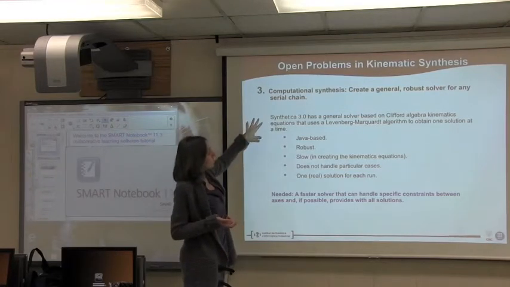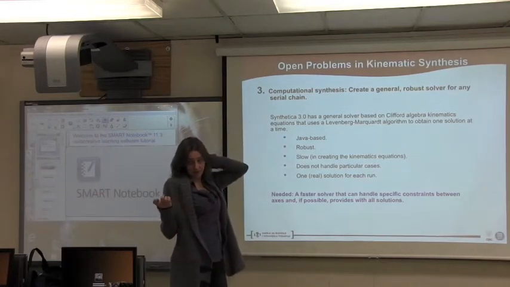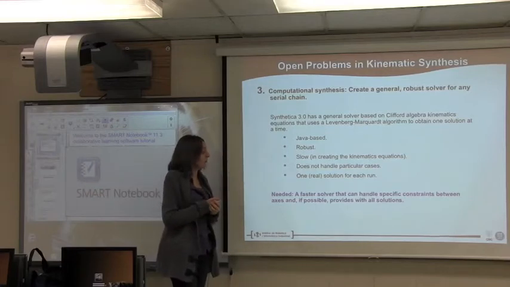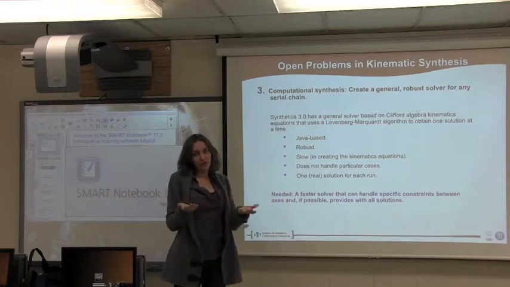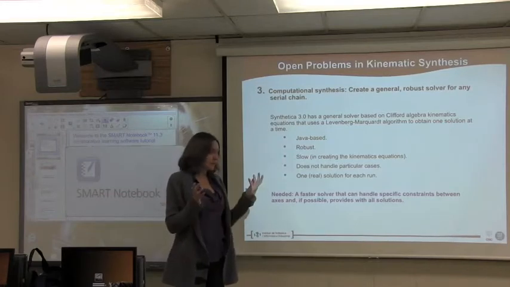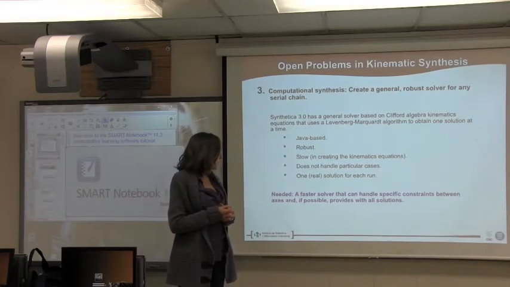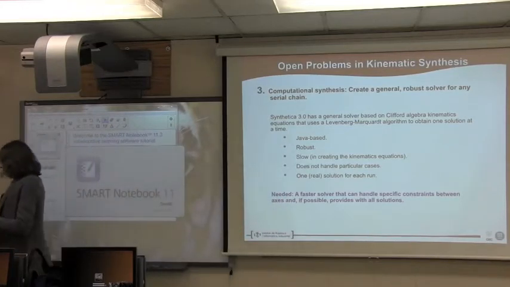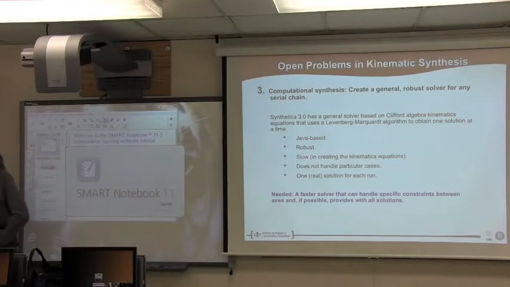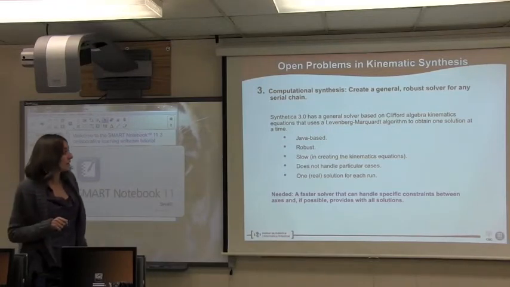Then we needed a good solver, and we worked on that, and we have R-tricks now that works very well. Okay, so it can solve, for instance, the 5R, the 130 equations in just seconds. So that we did, so it's more or less okay. The only problem is it only gives one solution every time you run it.